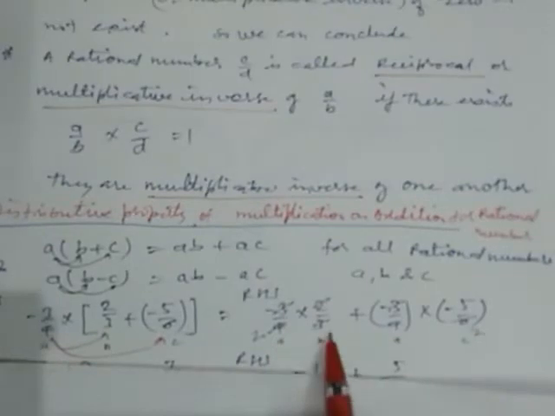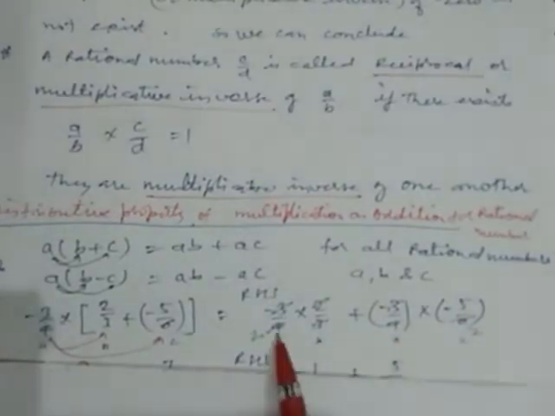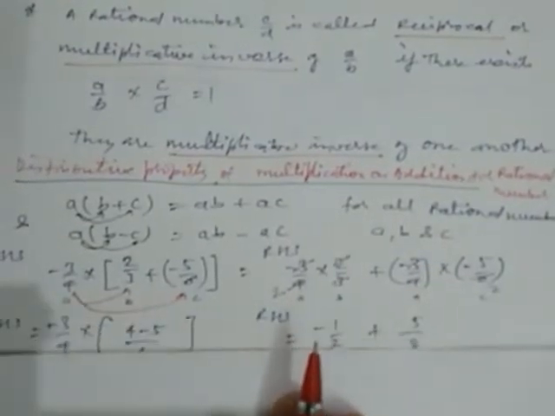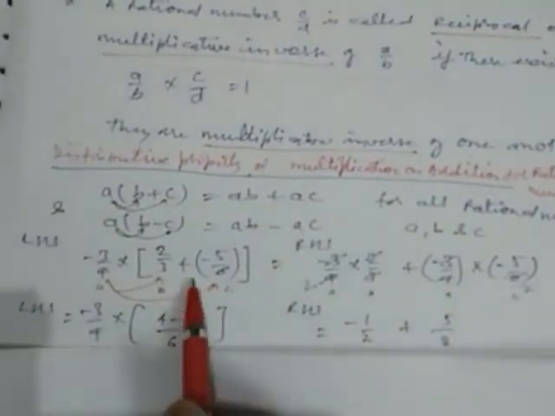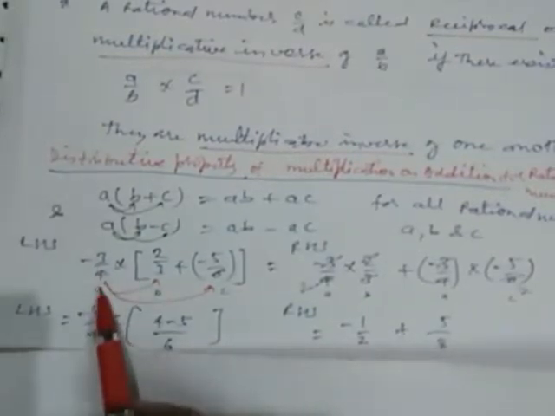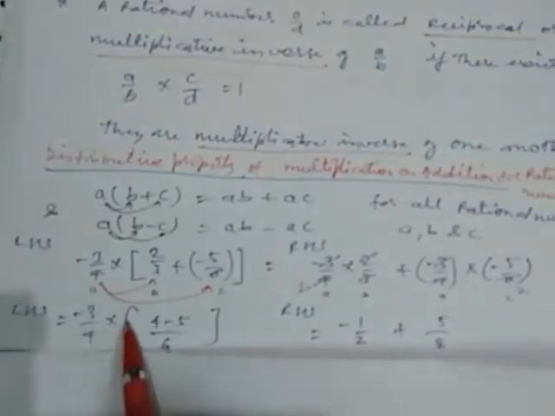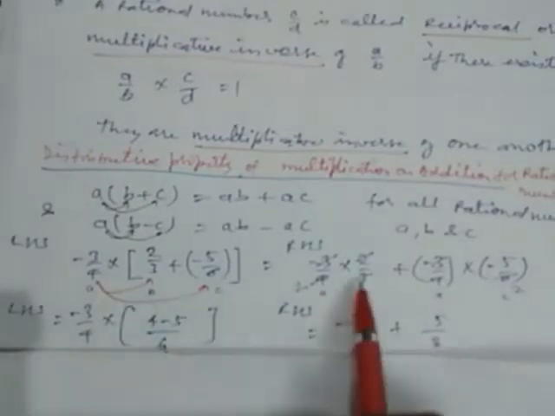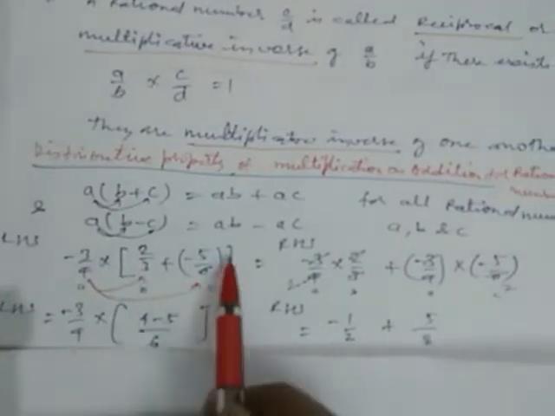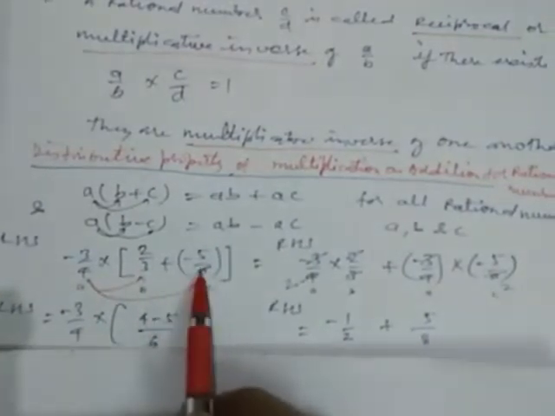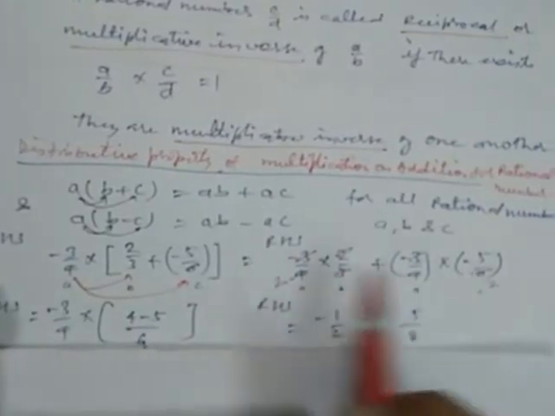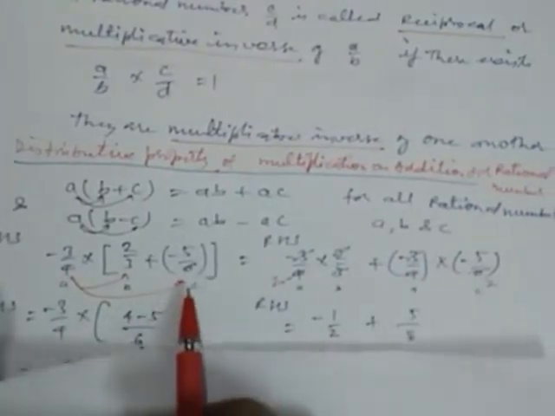This is A, this is B, this is A, this is C. So AB and AC, and we check whether the values we receive are the same or not. Now multiply this by this, minus 3 by 4 into 2 by 3. Then we get this. But here first we calculate the addition of this, then we multiply, and here we directly multiply this and check what value we receive.